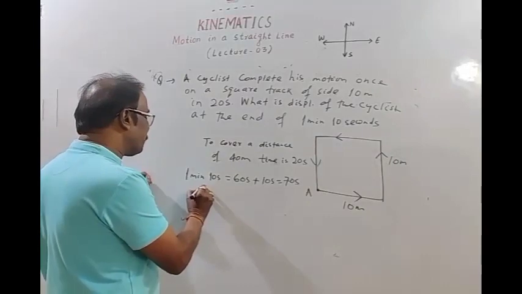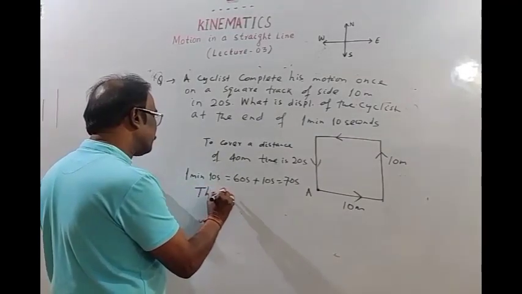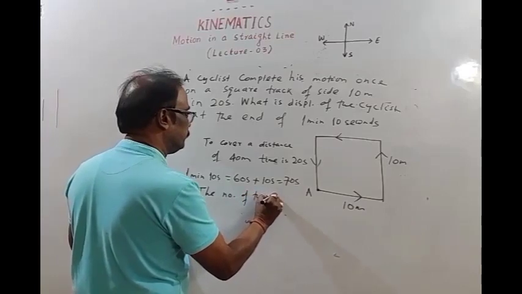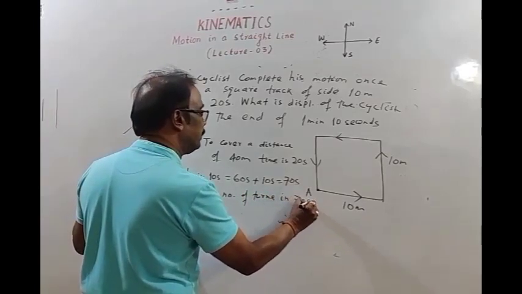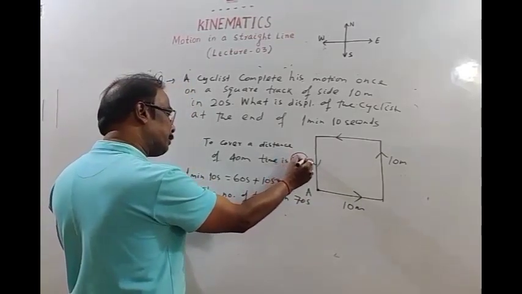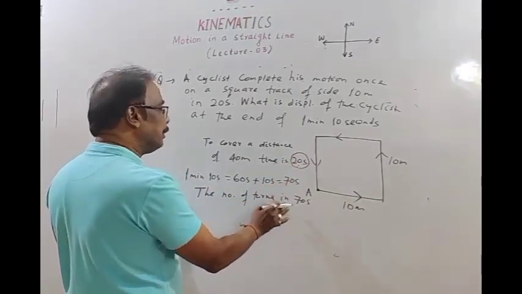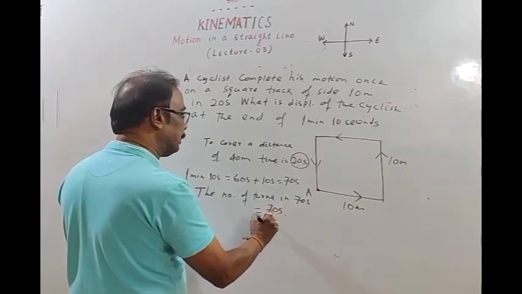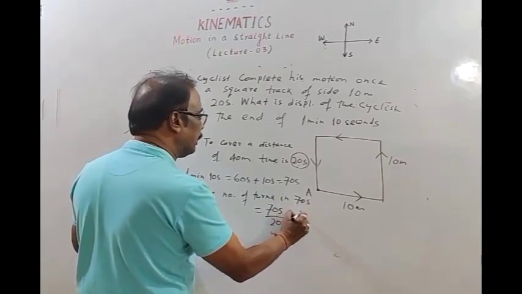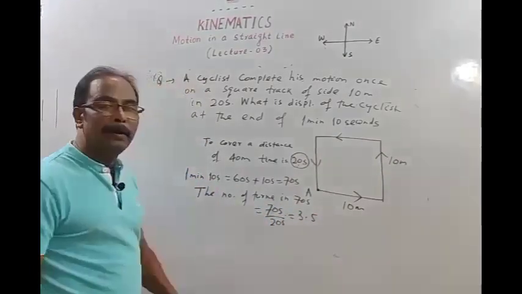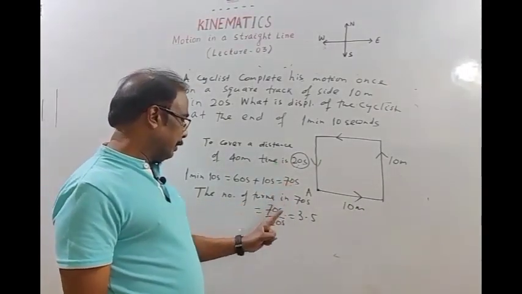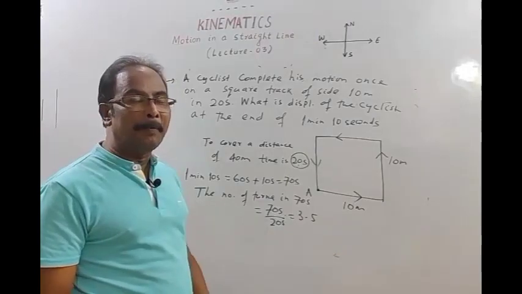Then we first have to find the number of turns in 70 seconds. For one complete path, time is 20 seconds. In the whole 70 seconds, the number of turns is 70 seconds divided by 20 seconds, and it comes to 3.5 turns. Okay. At the end of 70 seconds, the cyclist completes 3.5 turns.